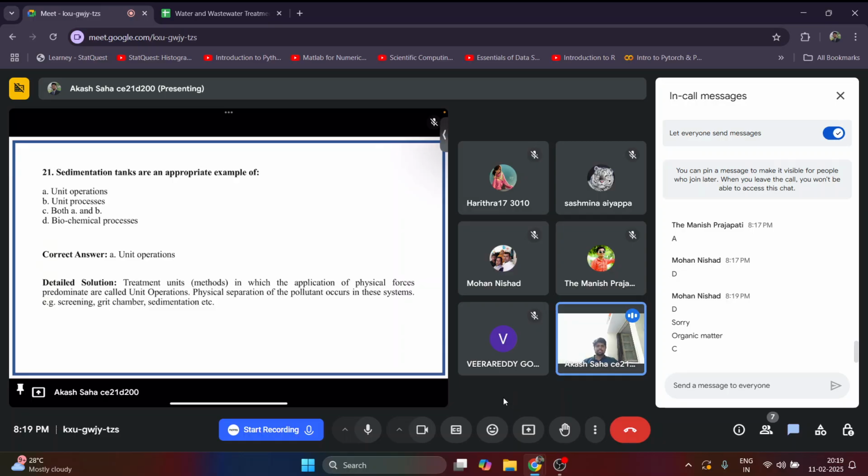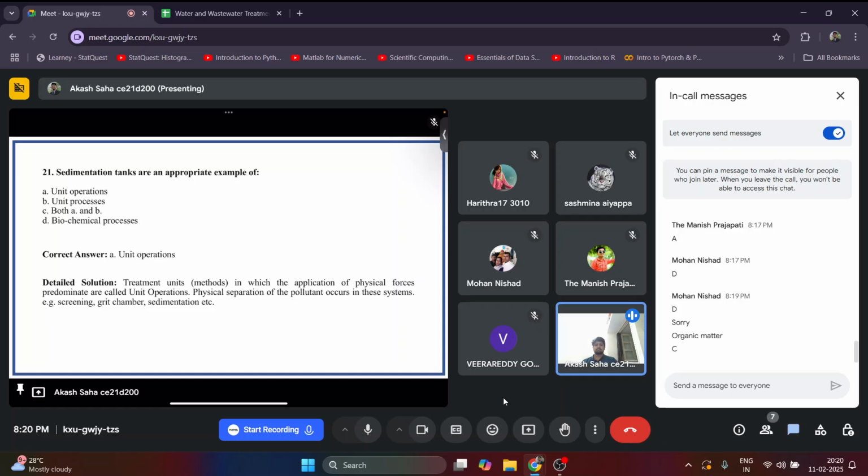So treatment units in which application of physical forces predominate are called unit operations. So physical separation of pollutant occurs in these systems, e.g. in screening, grit chamber, sedimentation. So here only based on gravity, the particles are getting separated. Okay, physical forces or some kind of straining like in screen. So only physical forces are there, no chemical, biochemical forces.